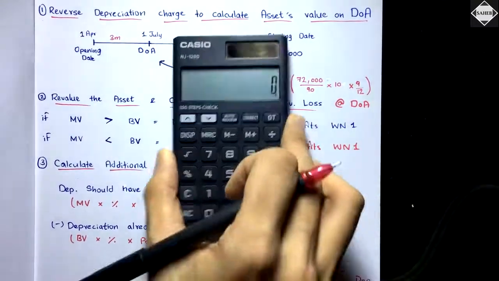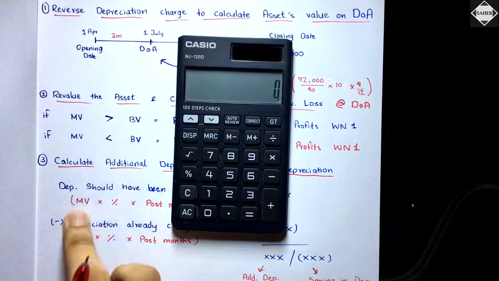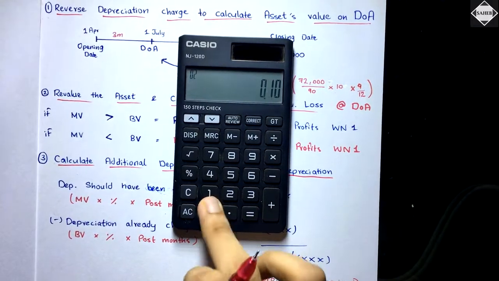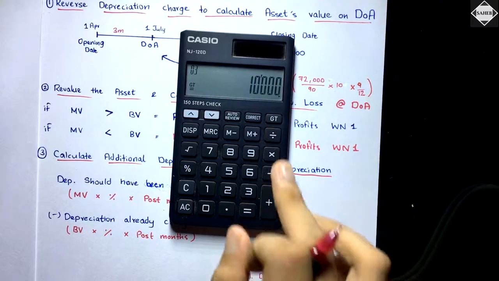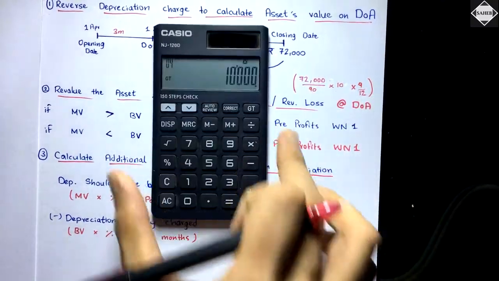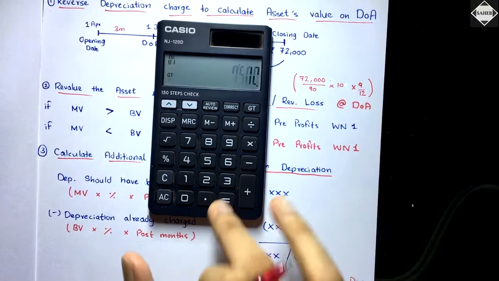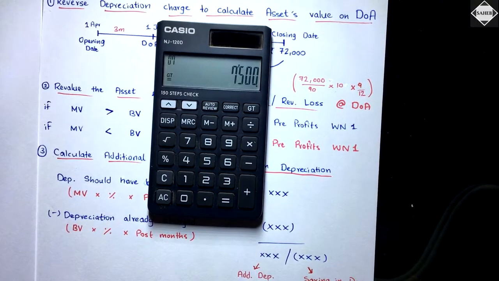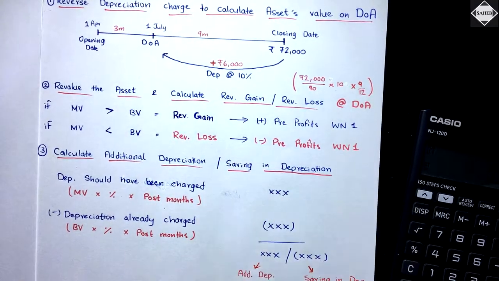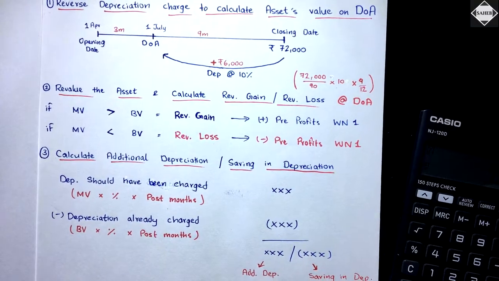See here, it's very simple. What did I say? Market value was 1 lakh, right? So 1 lakh into 10%, 0.10, that's equal to 10,000, into how many months? 9 by 12, right? 9 months. So 9 divided by 12, that's equal to 7,500. So 7,500 is the depreciation that should have been charged, because you all know prospective depreciation is charged.